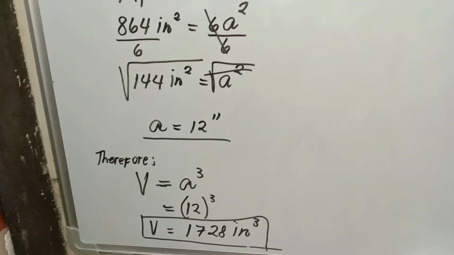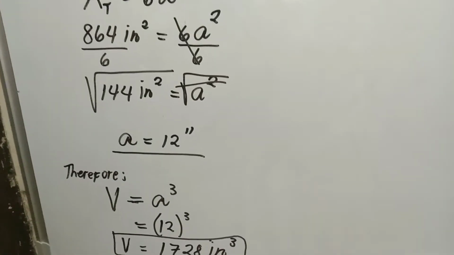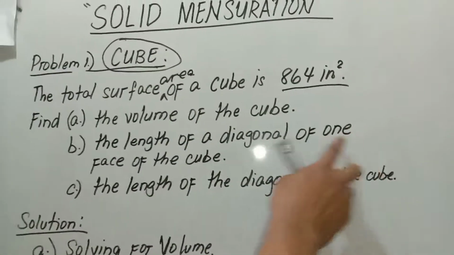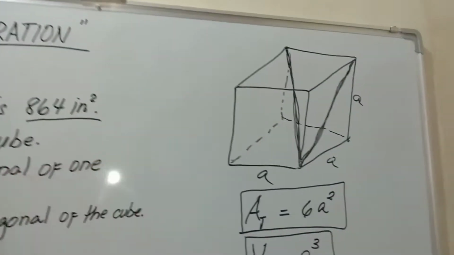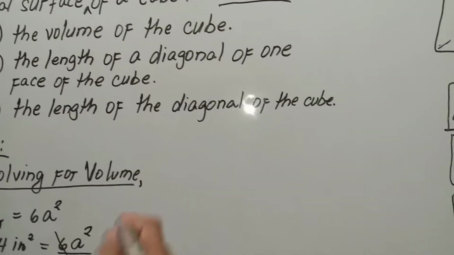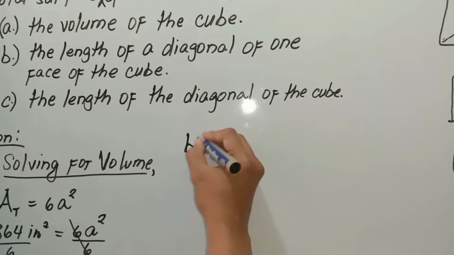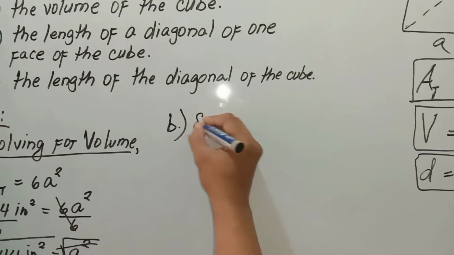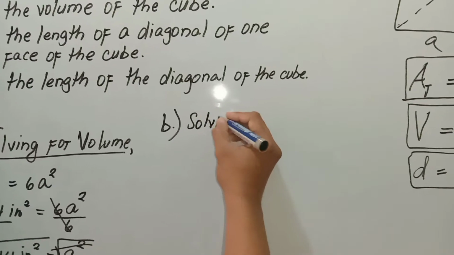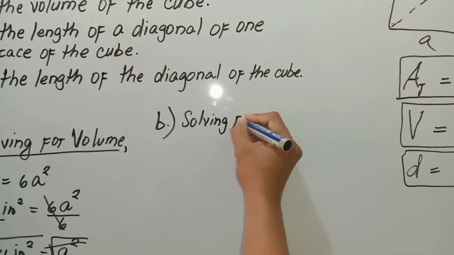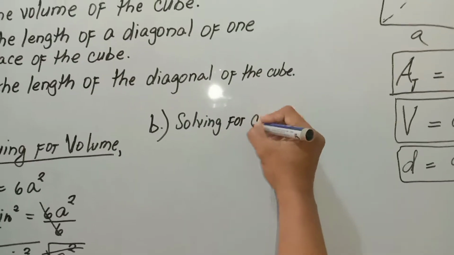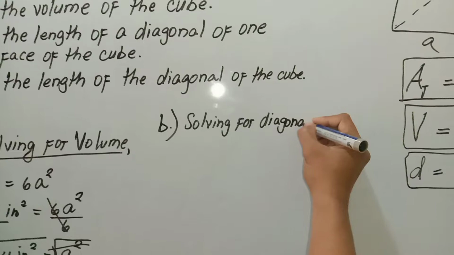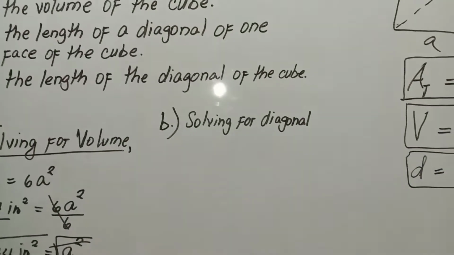Now the second requirement in this problem is to find the length of a diagonal of one face, meaning one side of the cube. So B, solving for the diagonal.